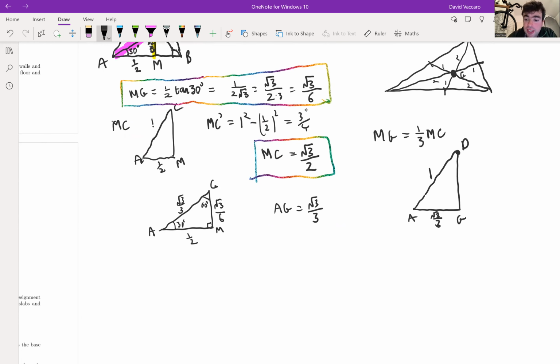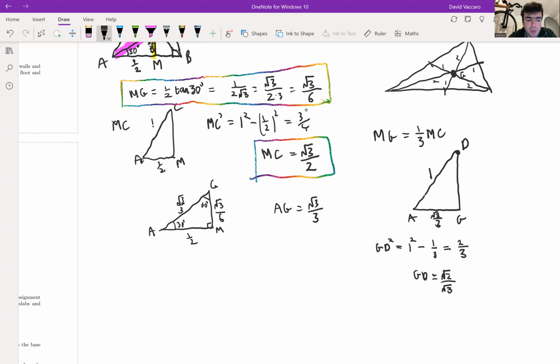So we can get GD by Pythagoras. GD squared is equal to 1 squared minus √3 over 3 squared, which is 1/3. So GD squared is 2/3, so GD is square root of 2 over square root of 3.